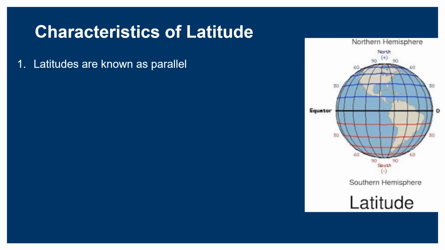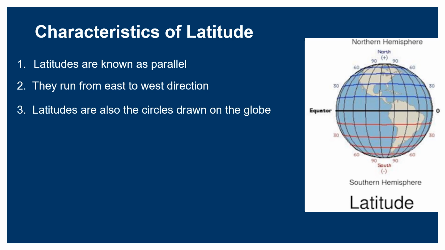Now, let us understand the characteristics of latitudes. Latitudes are known as parallels. They run from east to west direction. Latitudes are also the circles drawn on the globe. The equator is the central and longest latitude.